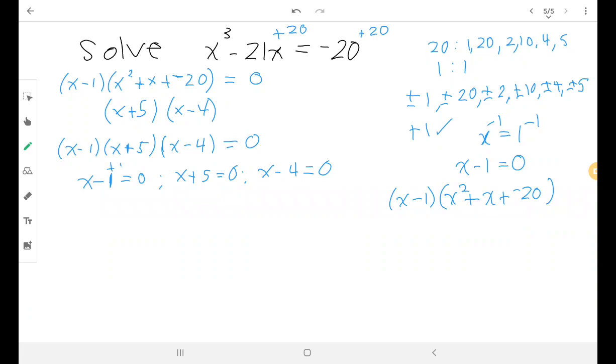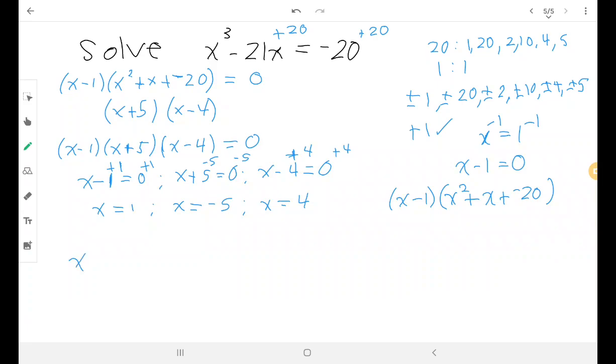You would add 1 here, get x equals 1. You would subtract 5 here, get x equals -5. And you would add 4 here and get x equals 4.